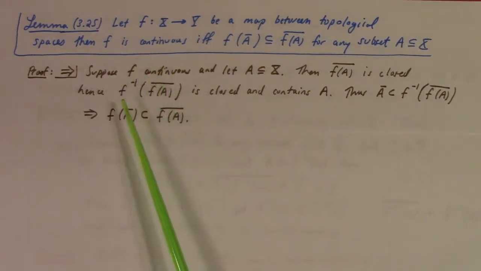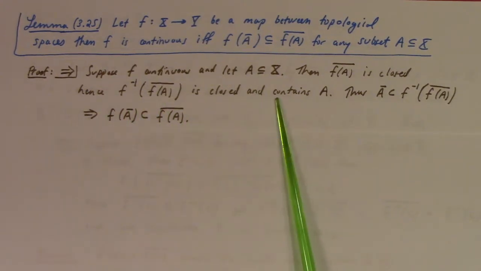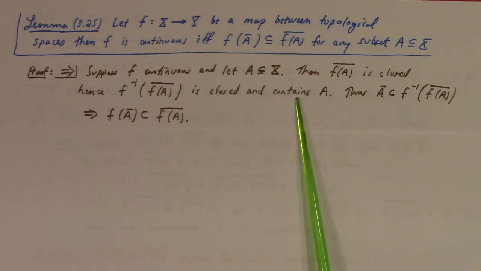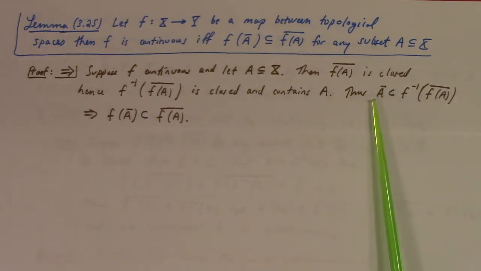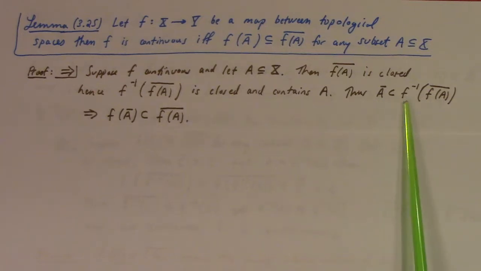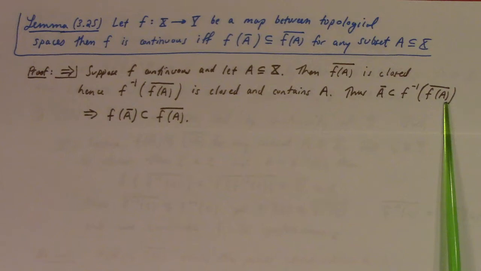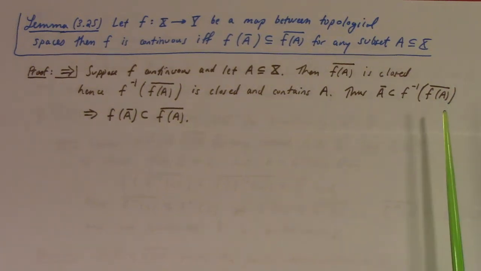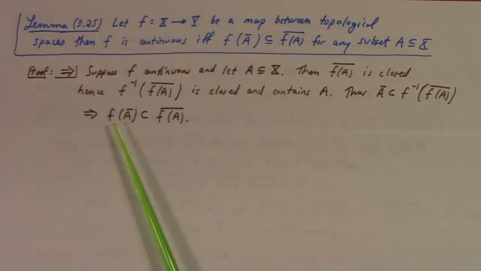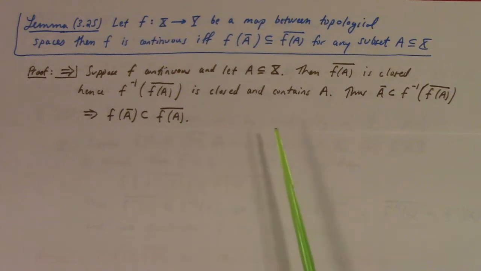We're assuming f is continuous here. So this is closed, and it also contains A, which means that the closure of A has to be a subset of the inverse image of the closure of f of A. It's hard to verbalize this stuff, which implies that the image of the closure is a subset of the closure of the image, which is what we were trying to prove.